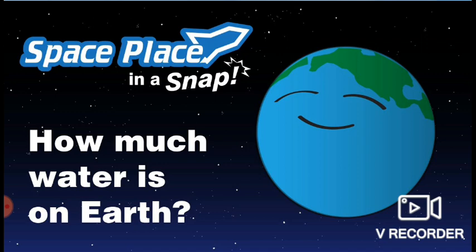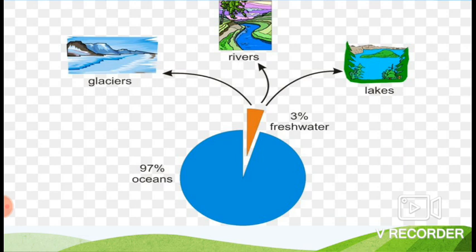Now students, let us know some interesting facts. Let us see how much water is there on the earth. Water is found mostly in oceans, seas, gulfs, bays, lakes and rivers.